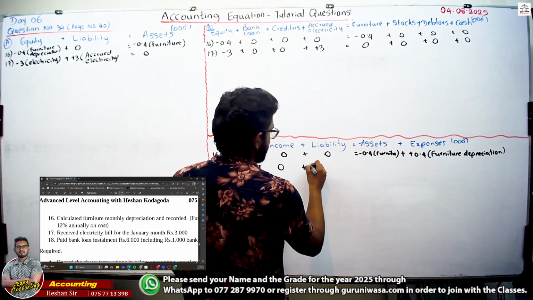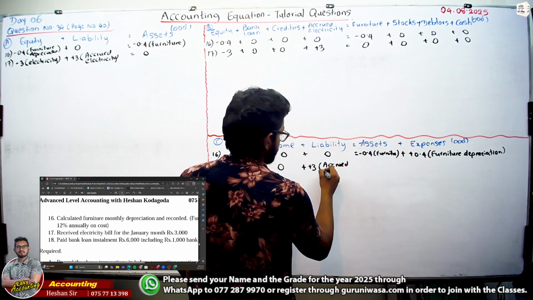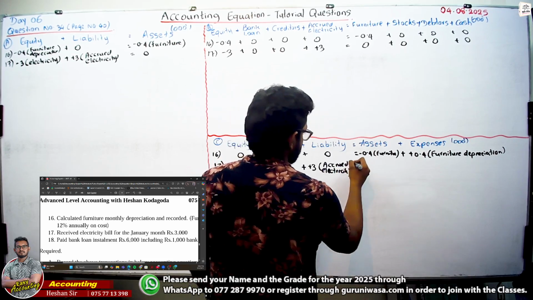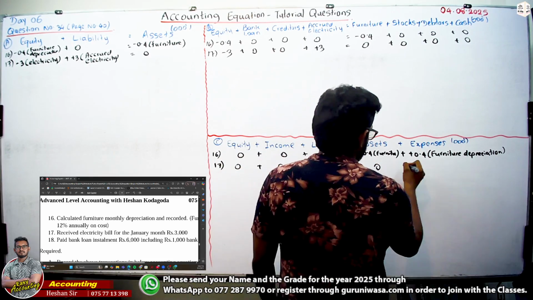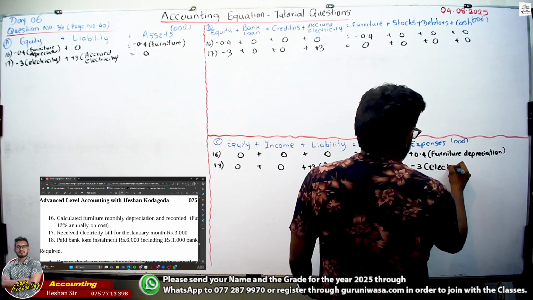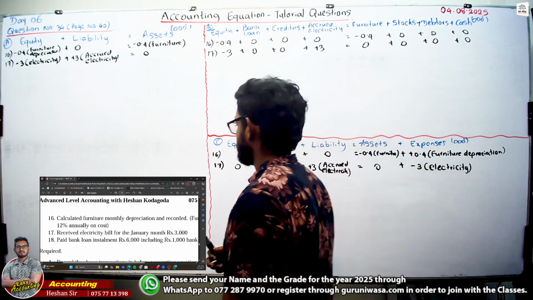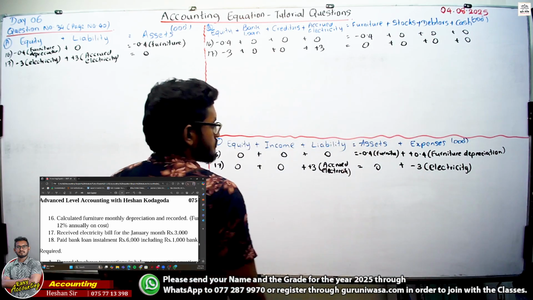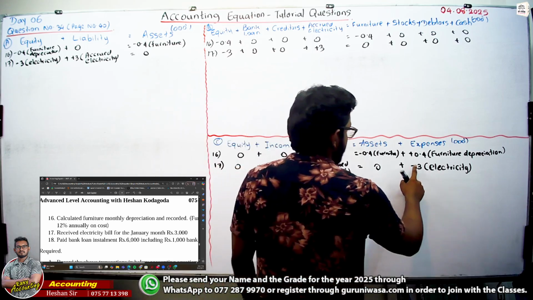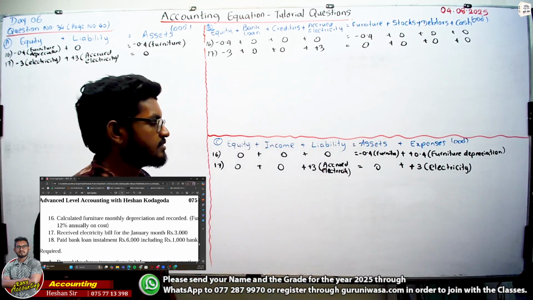Liability increases 3,000 as accrued electricity. Expense, sorry, expense increases, not decreases, 3,000 as electricity. If not, both sides won't balance.